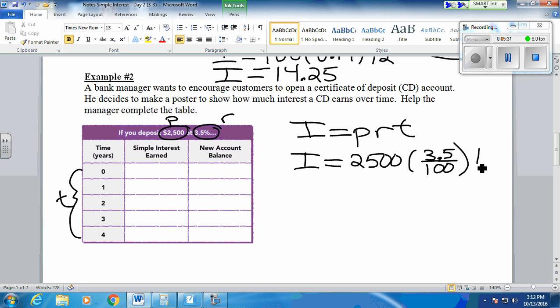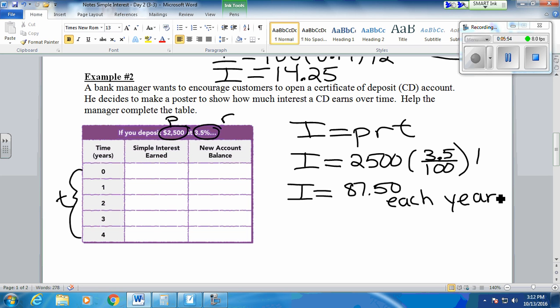So I'm actually going to put a 1 here. So again, in my calculator, I would do the 3 5/10 divided by 100 first, then I'd multiply by the 2,500, and I would get $87.50. That means that I'm going to get $87.50 each year.